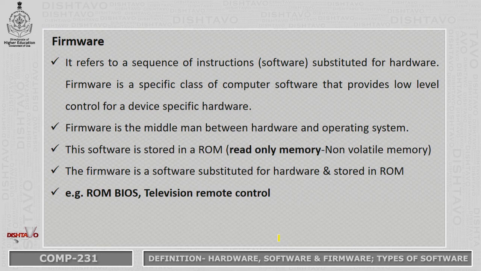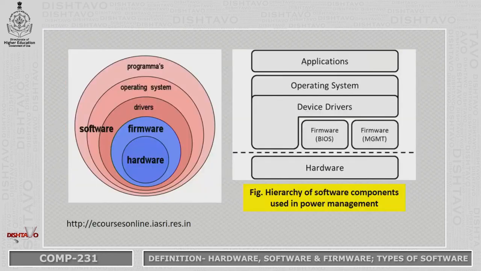For example, a television remote control or ROM BIOS are examples of firmware. The hierarchy of software components used in power management is shown in this diagram.